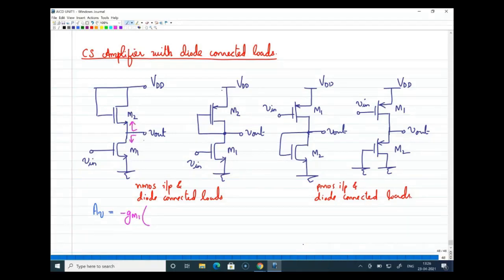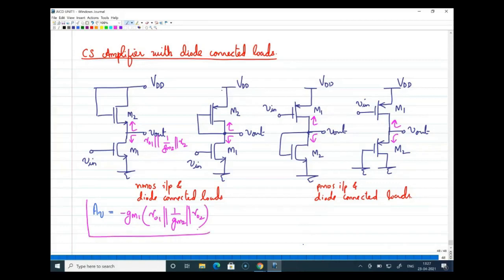So in this case it is ro1 parallel to 1 by gm2 parallel ro2. In all the other cases also it is ro1 parallel to the same thing. So your gain expression remains the same, which is ro1 parallel to 1 by gm2 parallel to ro2. That is the voltage gain of all these four diode connected structures. That is one observation.